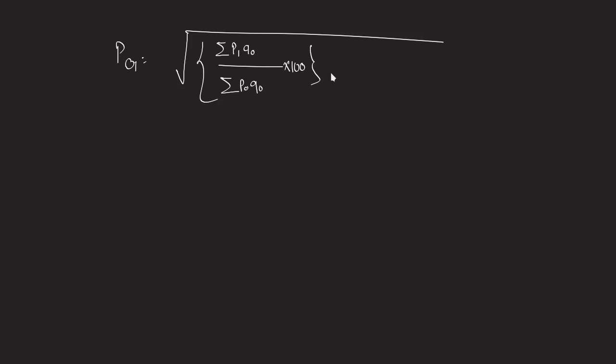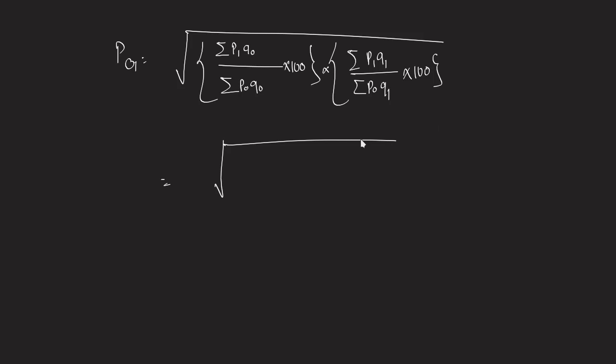The two 100s multiply to give 100 square under the root, so 100 comes outside, and within the square root we write summation P1 Q0 into summation P1 Q1, by summation P0 Q0 into summation P0 Q1, with 100 outside. So that is the formula for Fisher's index number.